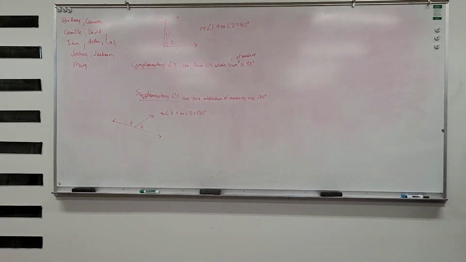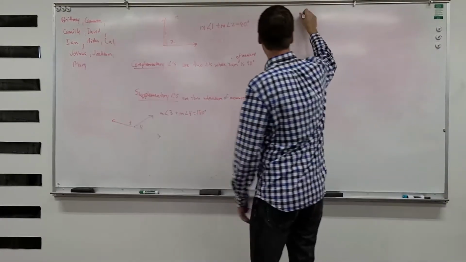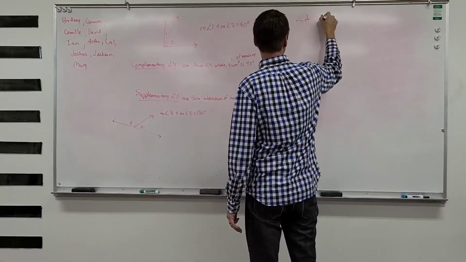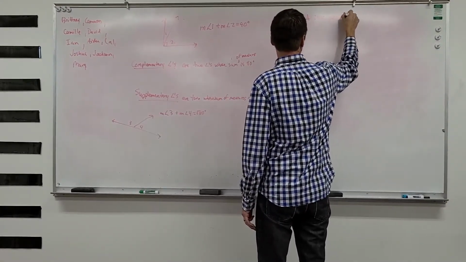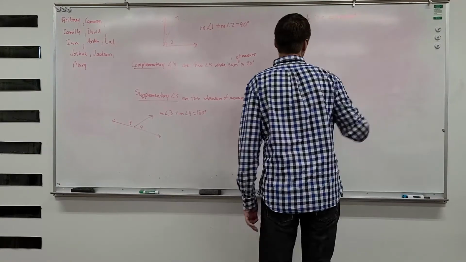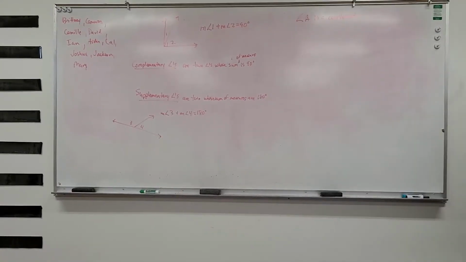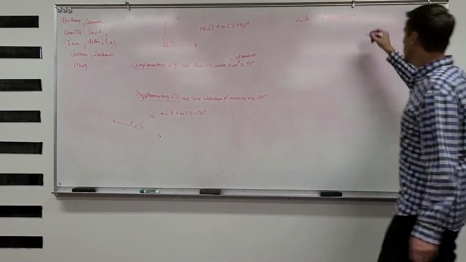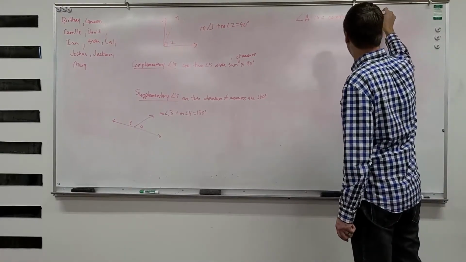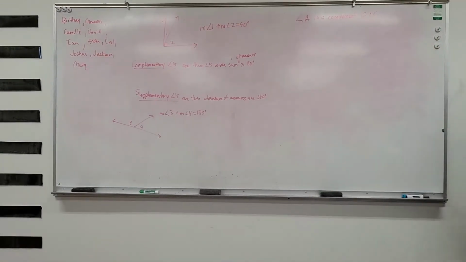Given that angle A is a complement of angle C. That doesn't mean angle A was saying nice things about angle C, or vice versa. It means that the measure of those two angles together equal what? 90 degrees, that's right, exactly.